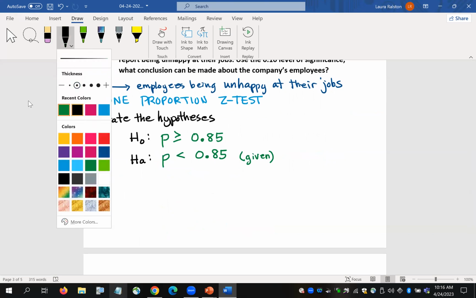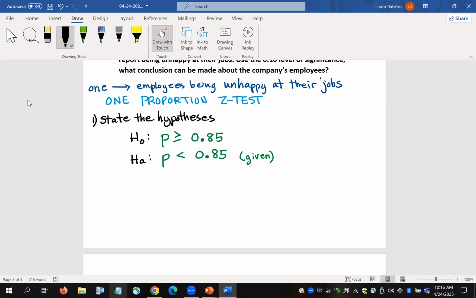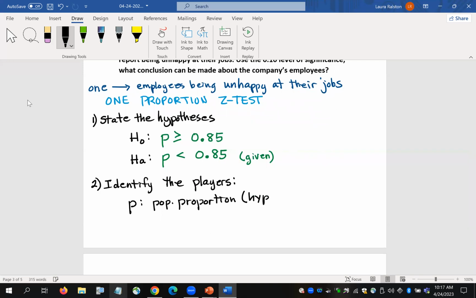Then we move on to step 2. Step 2, we identify the players. You need P, which is your population proportion. That comes from your hypothesis.